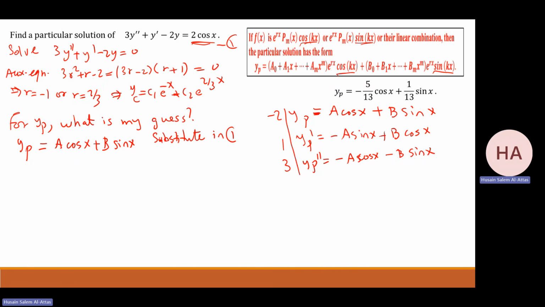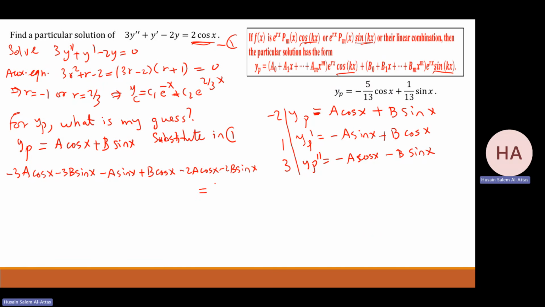What will I get? Minus 3a cosine x minus 3b sine x. Okay, minus a sine x plus b cosine x minus 2a cosine x minus 2b sine x.